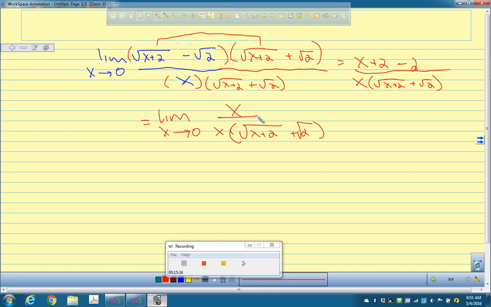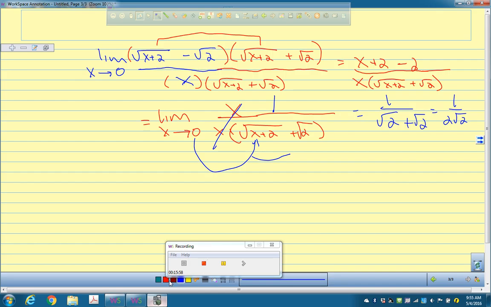Now I can cancel out the x's, so that becomes a 1. And now I can plug in my 0, just in one place. So I get 1 over root of 2 plus root of 2, which is equal to 1 over 2 root of 2, which is the limit.